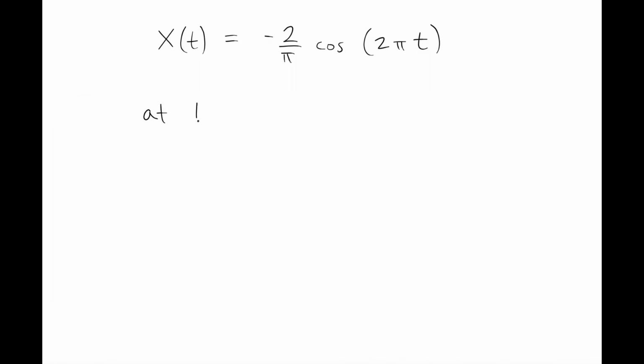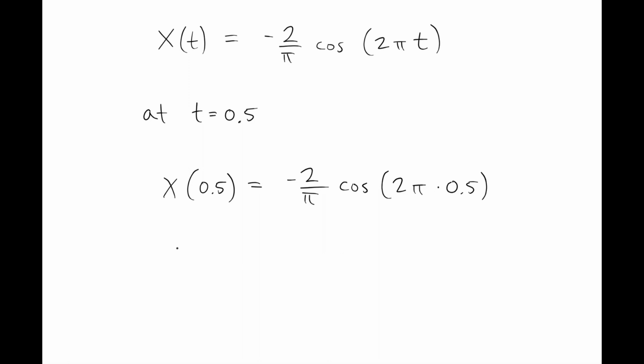So at a t of 0.5, x of 0.5 equals negative 2 over pi cosine of 2 pi times 0.5. And it's 0.637.